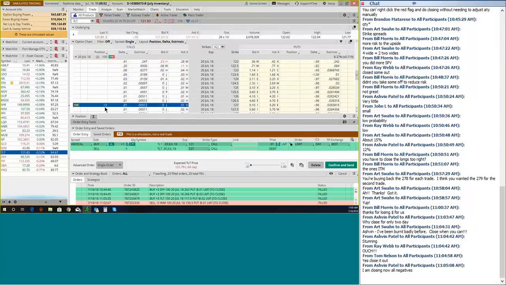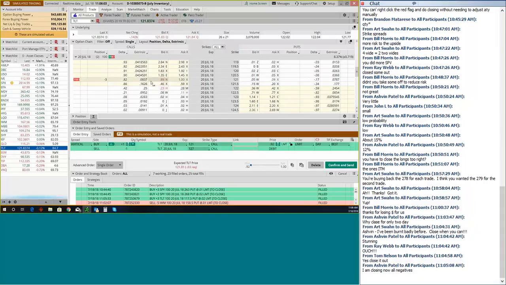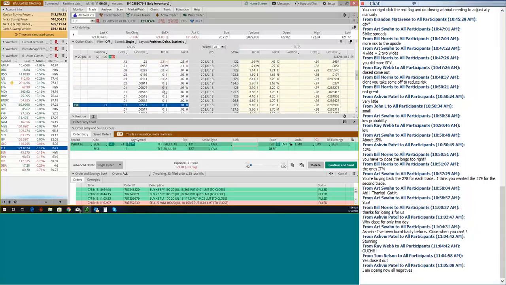I can't sell that spread. I can't sell this spread. It won't take for me. Right? This trade, if I put this in right now, it would not go through. And you'll be wondering, how come I can't close out of this? Because it won't go through. Right? You have this no bid to sell these at. So that spread will not go through.